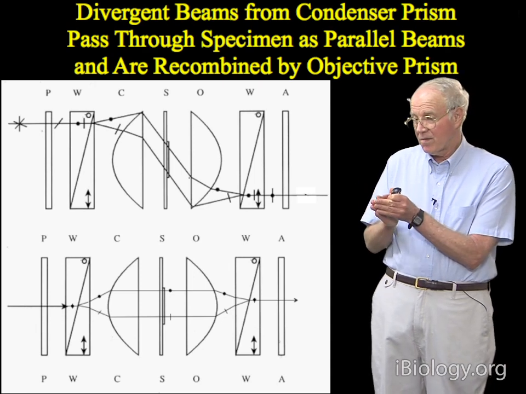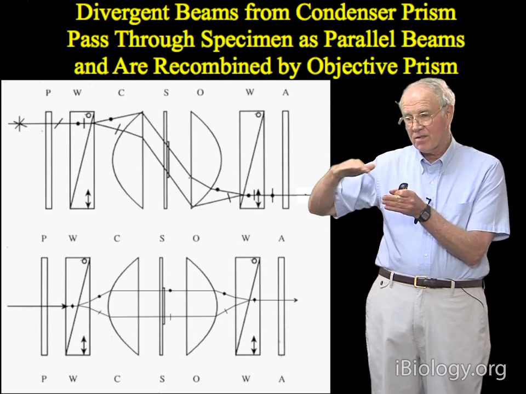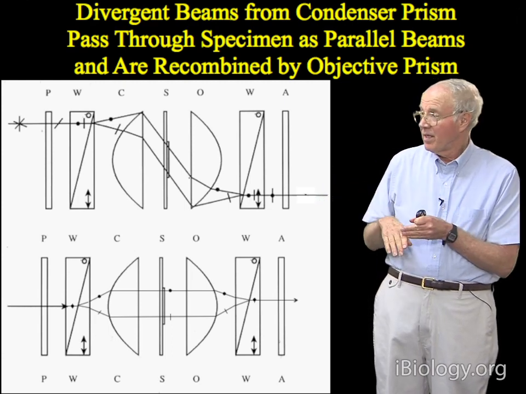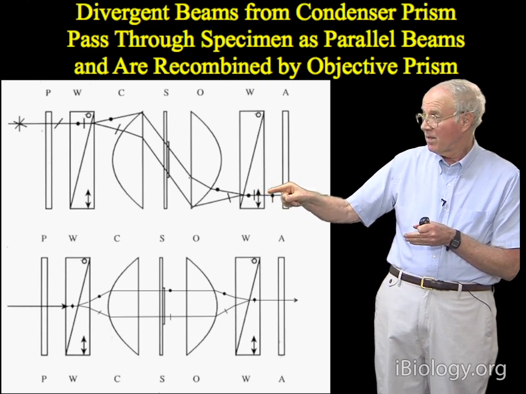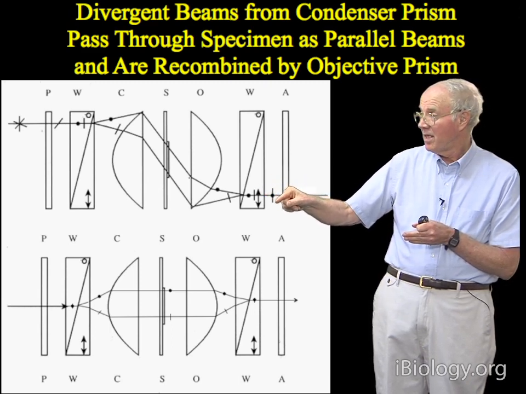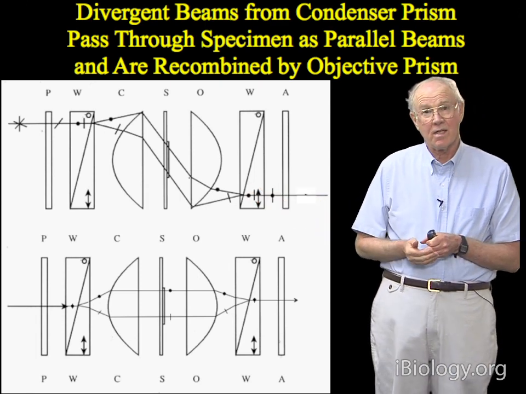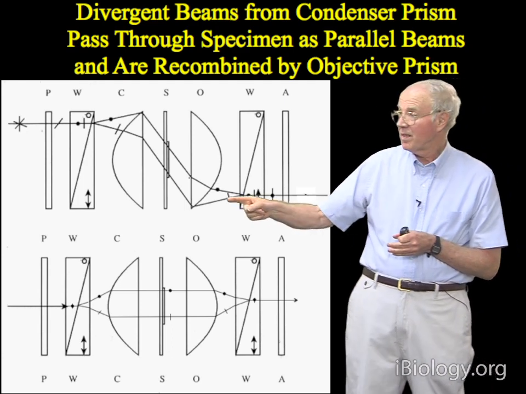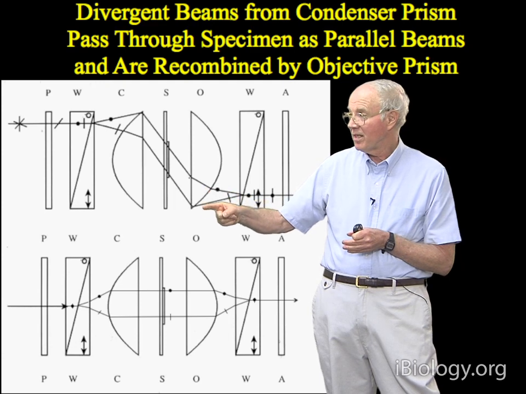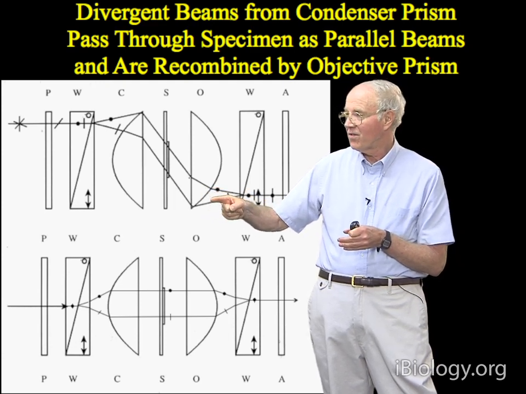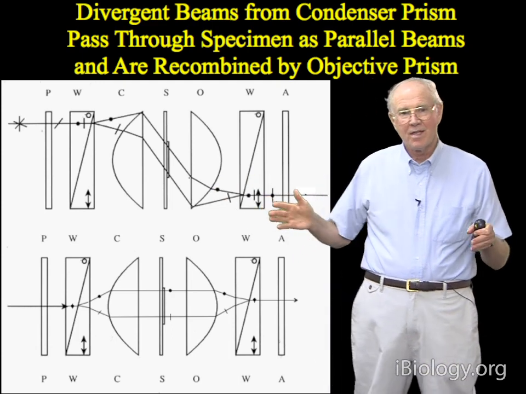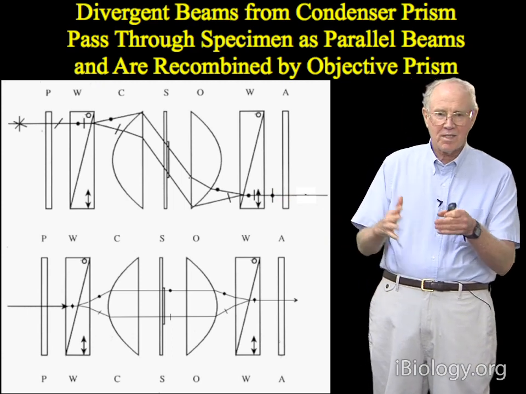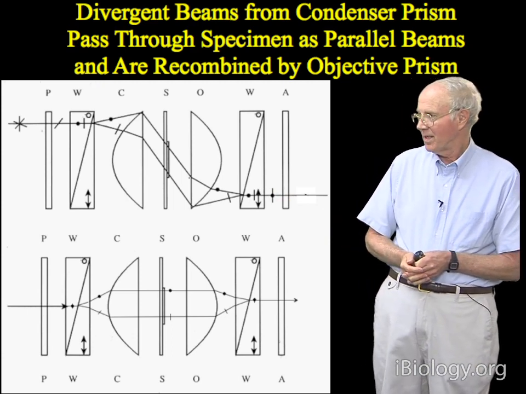Because the analyzer transmission vibration direction is perpendicular to the polarizer in the way we align the DIC scope, there is no net light transferred through the analyzer, and so we say that the light has been extinguished, right? Because both of these beams suffered the same net retardation, or have the same optical path going through the specimen, and the prisms did an equal and opposite advancement or retardation of the two beams as we went through.